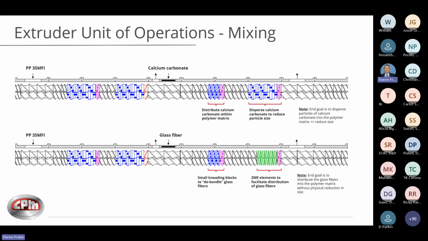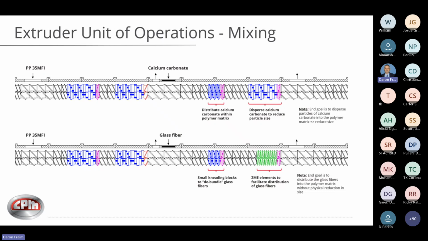In the glass fiber example, the one thing that's changing, you'll notice I'm still using the same mixing section in the very beginning here with the 3 right-hand narrow and then the reverse. When you're working with glass fibers, many times they will be bundled together. I want to debundle those fibers. So using those very narrow, small kneading blocks helps debundle and begin to break those bundles of glass up.